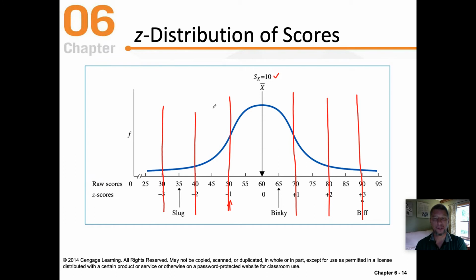So a raw score of 65 correlates with a z-score of positive 0.5. And finally, Biff has a z-score of positive 3 because a raw score of 90 is 3 standard deviations above the mean, and therefore his z-score is positive 3.